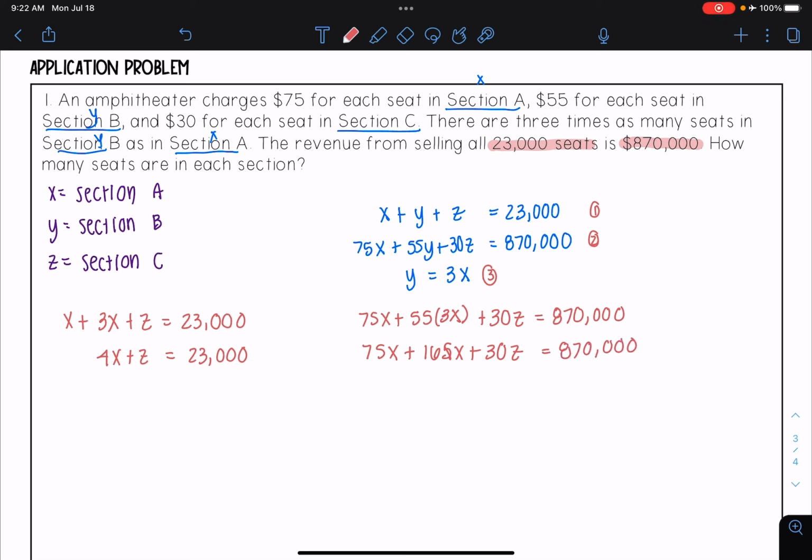And then when I add 75 plus 165, I get 240X plus 30Z is equal to 870,000.